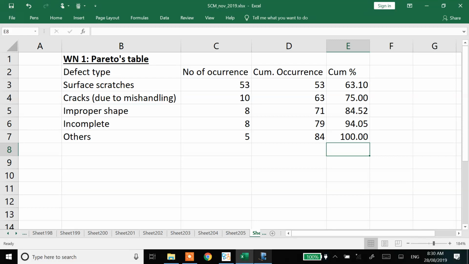So if I have to get a 75% result, I just need to focus on two items: surface scratch and crack. This can help me in eliminating 75% of the defects.